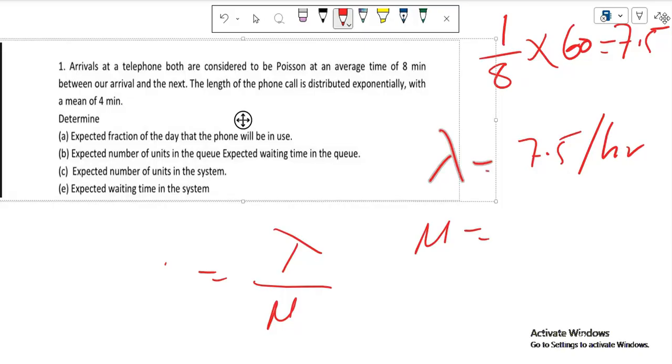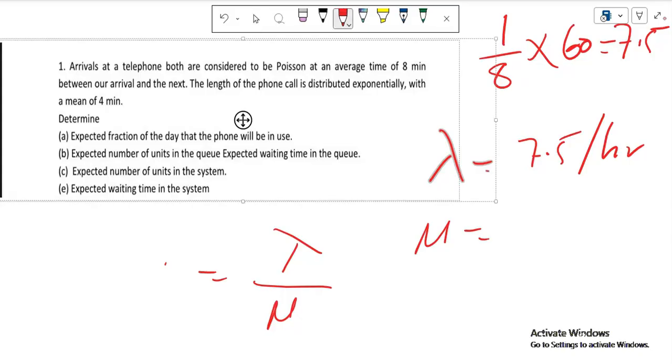So it's service time, meaning the time that you are interacting in order to serve a client during a call. If it takes 4 minutes per call, what is the average service time in an hour?